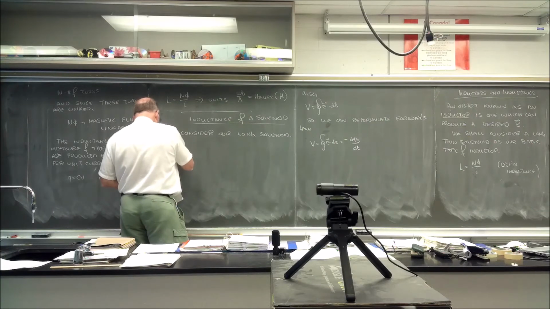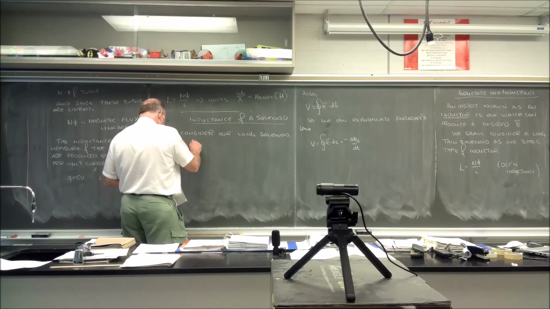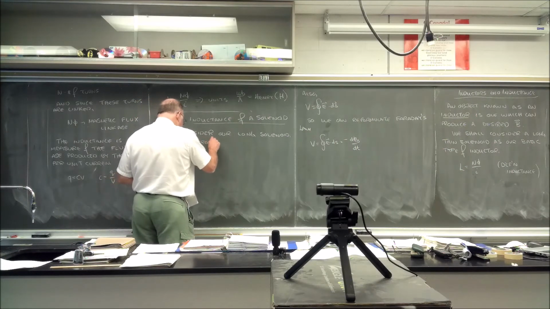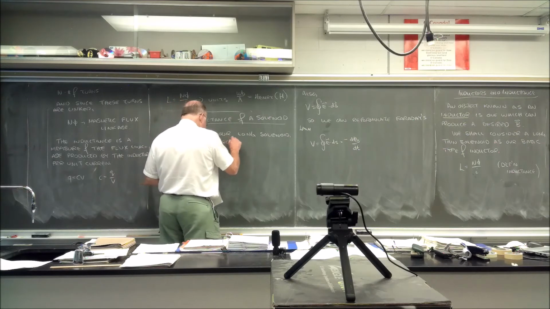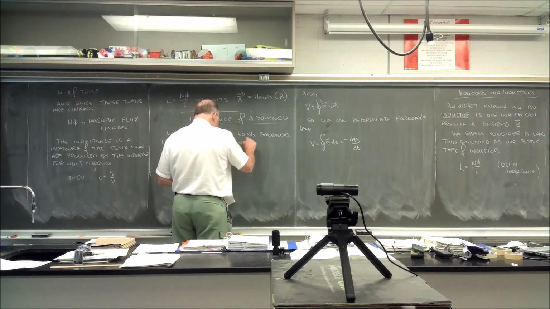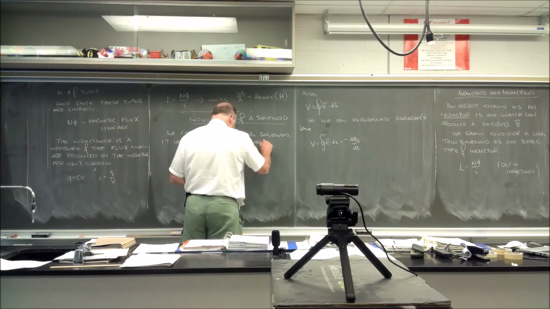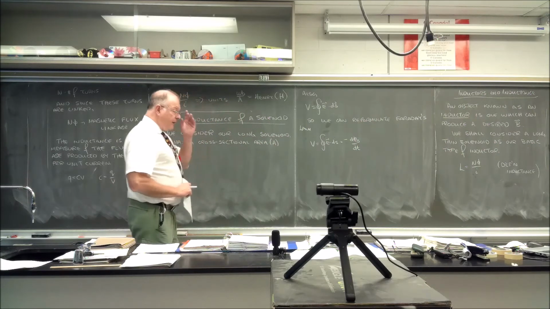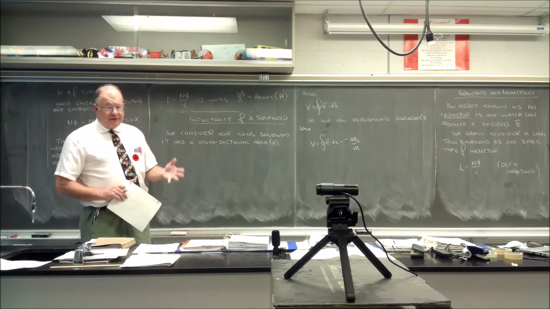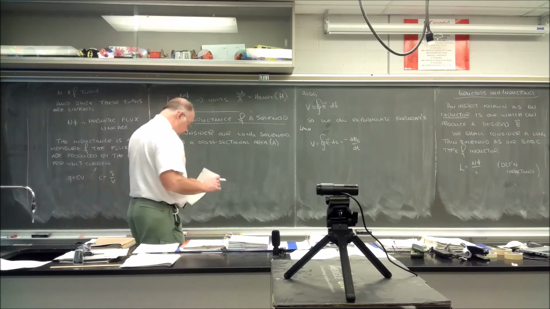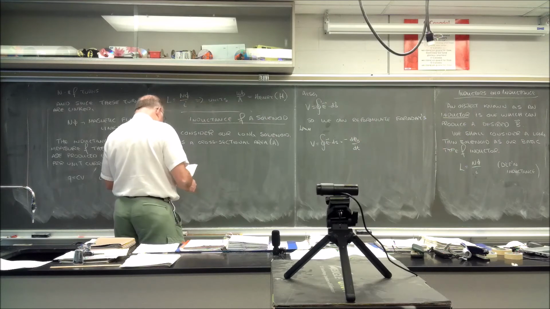It has a cross-sectional area. Now this is the area itself as a value, not the area vector. We'll see if we need it.